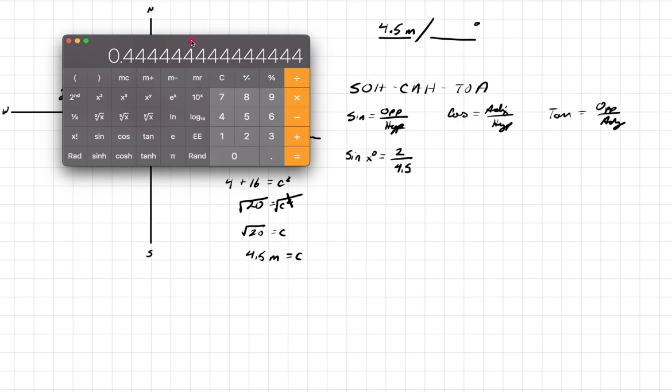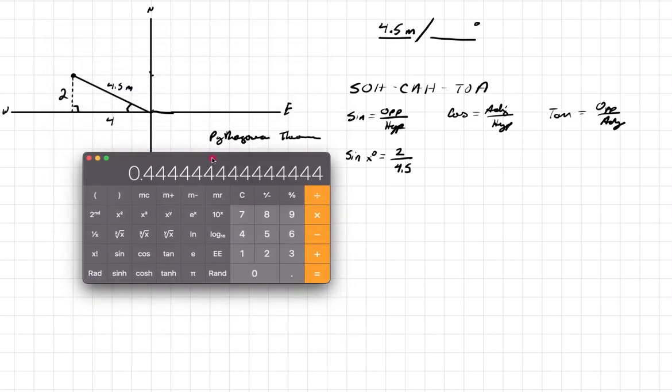So that does not round up. We're not going to write the answer just yet, because what we want to do is find the degree of measure. To find the degree of measure, we have got to use the inverse sine. So we hit the second, and we use sine to the -1. That means inverse sine. That's when you don't have the degree of measure.